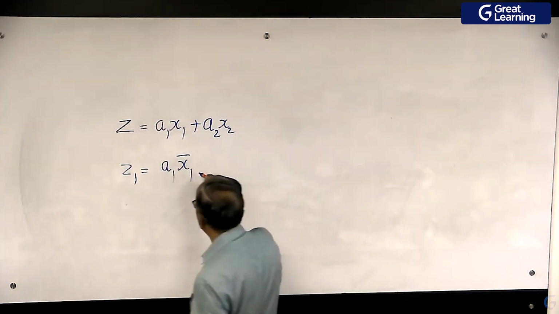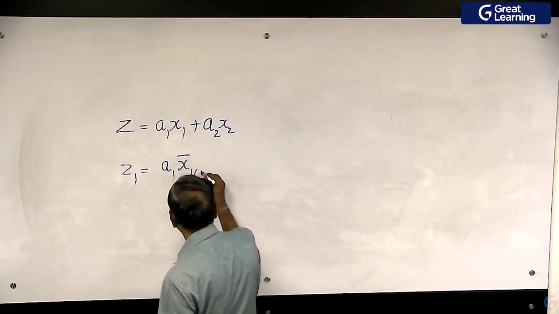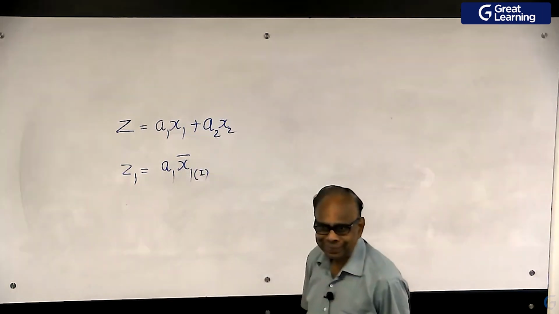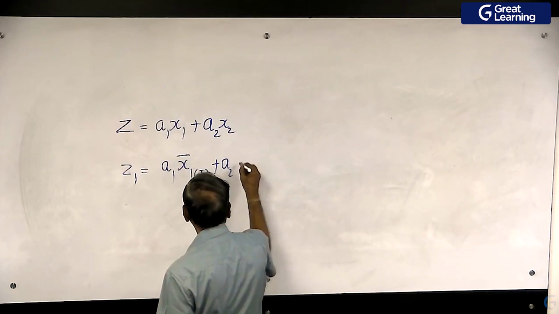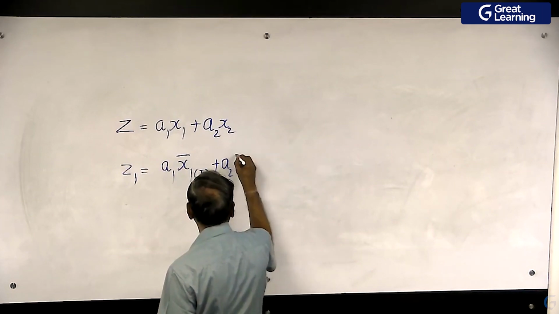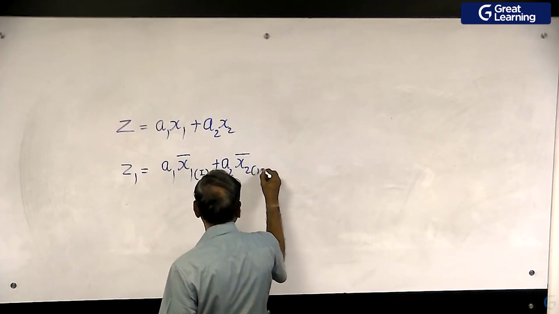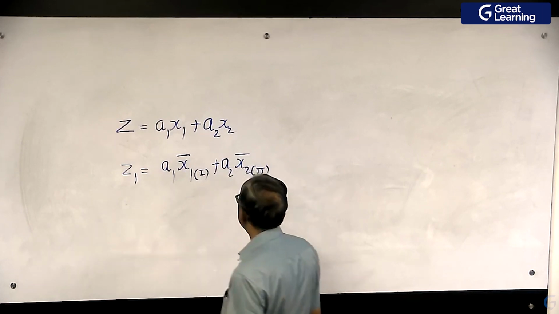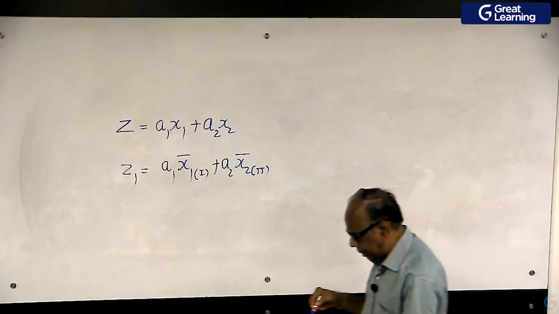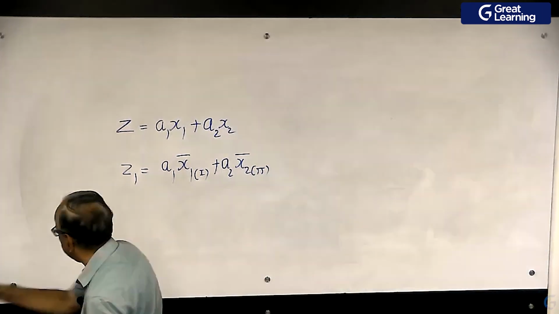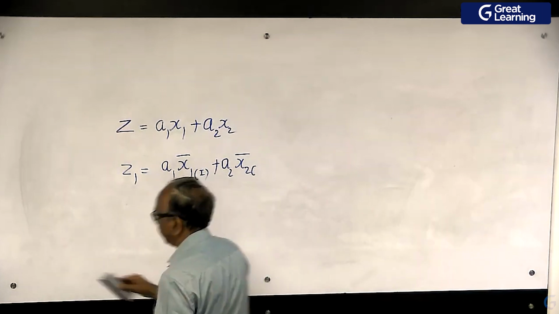So I put, with your permission, within bracket 1, meaning it's group 1, plus A2 times X2 bar. Sorry, not group 2. This X2 is also for group 1. First I will have to do group 1.